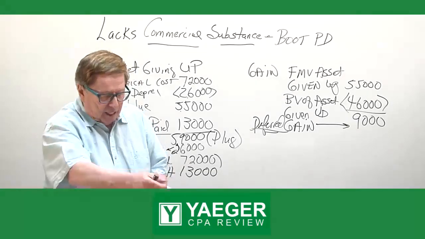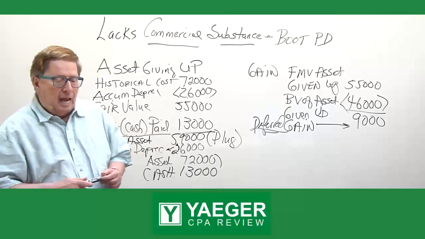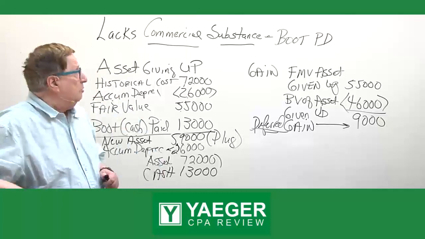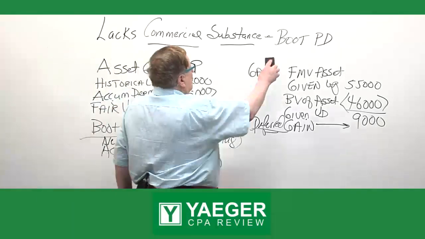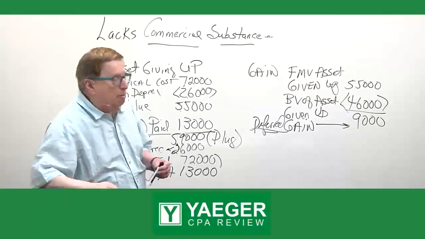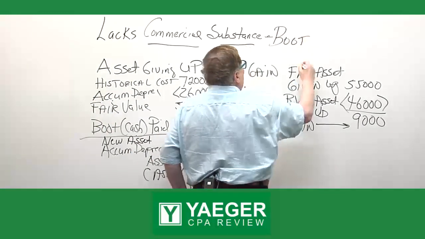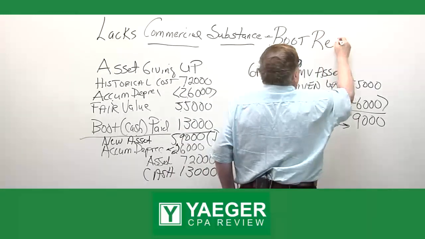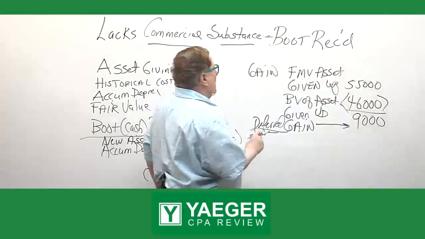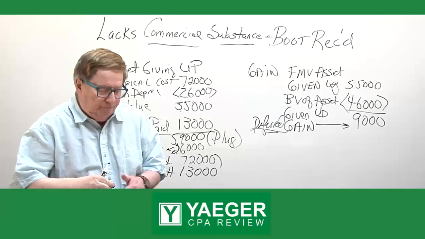All right, and the next scenario says you lack commercial substance and you have boot received. All right, so let's do this. We lack commercial substance and now we receive boot. Now, the boot received. All right, now let's see what we have here based on the facts. The facts are this.